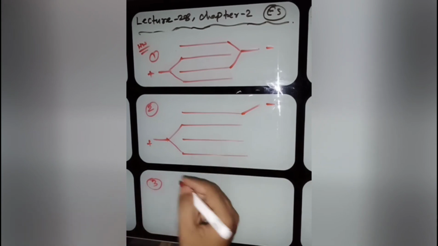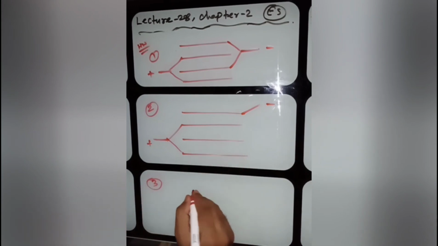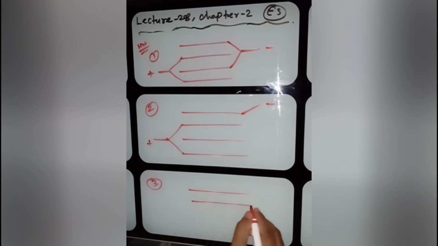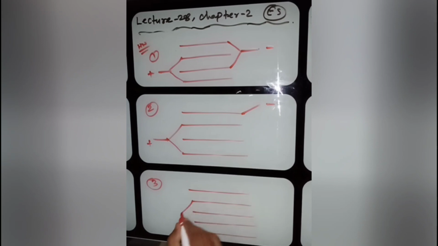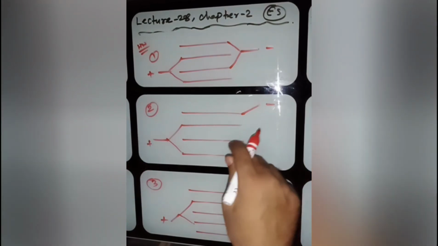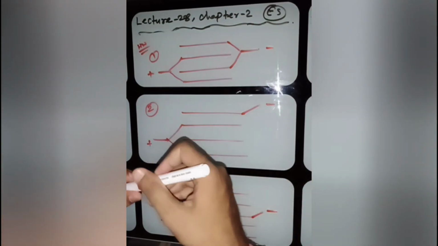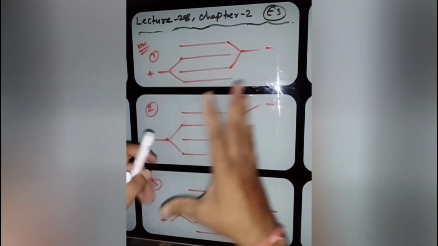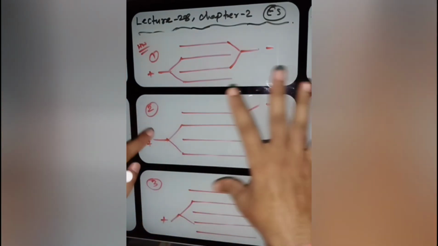Okay, now the third one. Positive and negative. So you have to find the capacitance for each of the three plates problems, my dear students. Okay, so these are the plates problems.